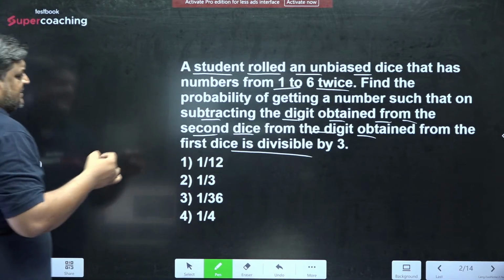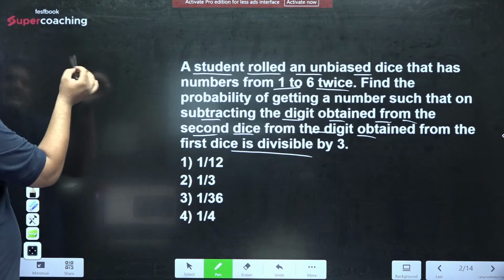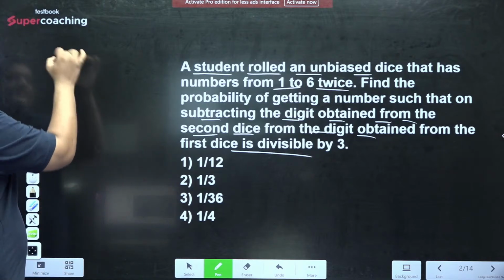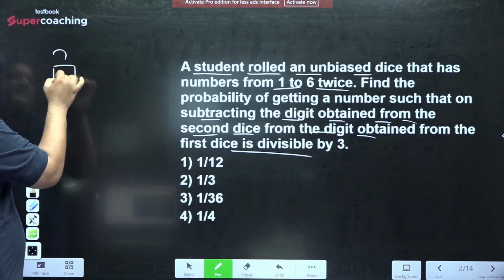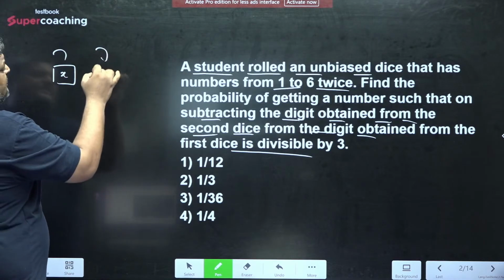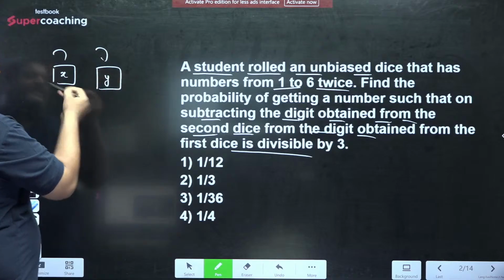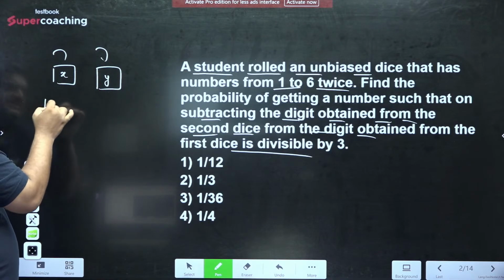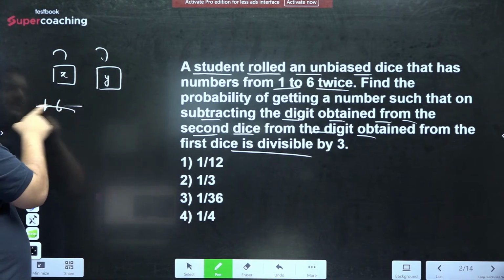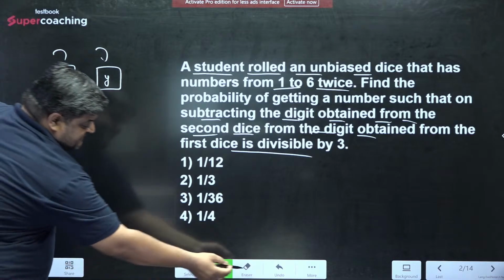So what is the question here? कि the student is rolling a dice 2 times. तो पहली बार कोई एक नंबर आया होगा, let's say x. दूसरी बार कोई एक नंबर आया होगा, let's say y. x is anything from 1 to 6.